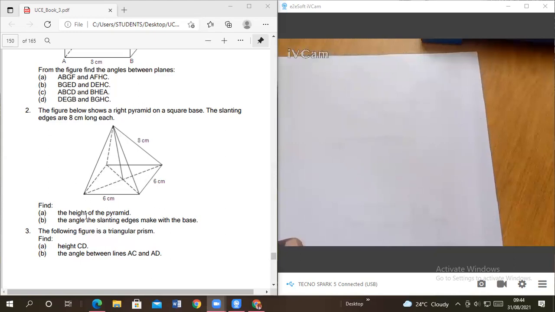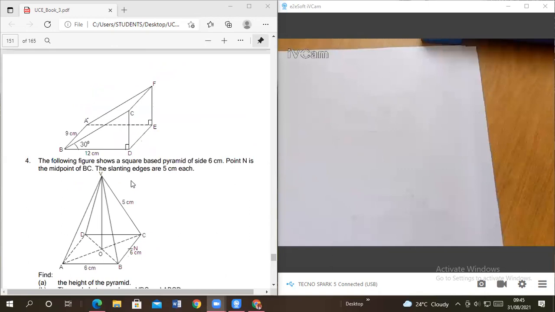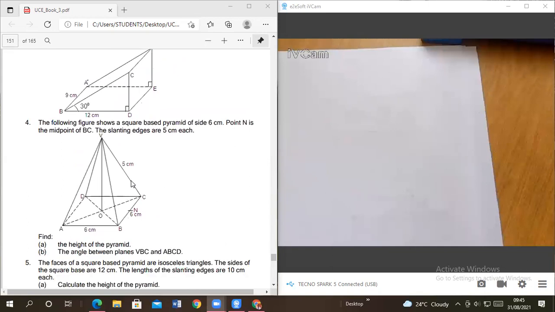They're asking you to find the height of the pyramid and also the angle the slanting edges make with the base. In part B they are just looking at the angle between the line and the base, and in part A they are telling you to find the height. I think that is quite another question. I want something where they have the angle between two planes.